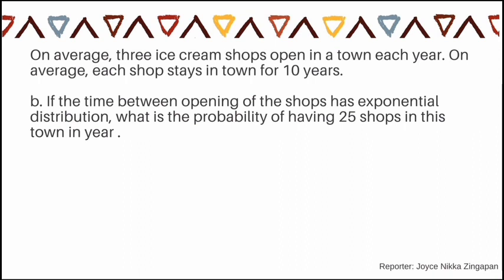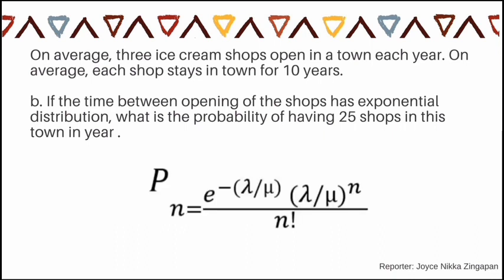It is stated that it is exponentially distributed, so obviously, as we discussed, this is where M/G/infinity happens, as the inter-arrival time is Markovian or exponentially distributed, the service time is generally distributed, and it also has infinite servers. So we will be using the steady state probability to calculate the probability of shops in a year that are working in this town.